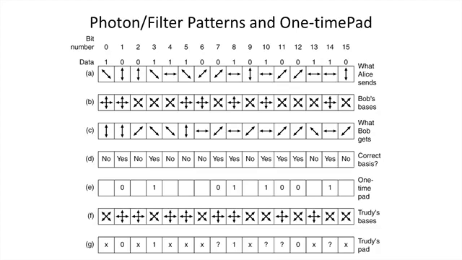The first signal is sent with a diagonal filter. Upper left to lower right direction is 1. The second, using a rectilinear filter, therefore up-down polarization, is 0 bit. Same for the third bit, and so on.